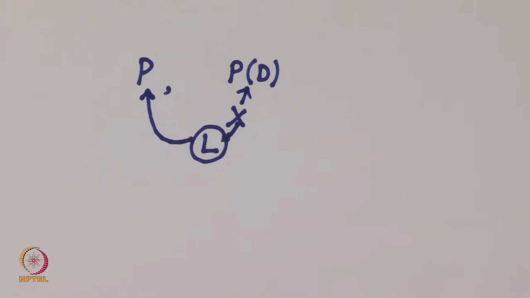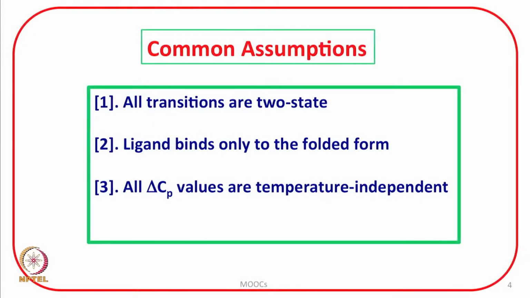The third assumption is that all delta Cp values are temperature independent, and the fourth assumption is that all activity coefficients are unity. We are making a lot of assumptions here.